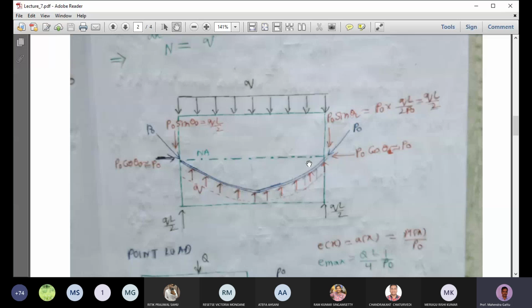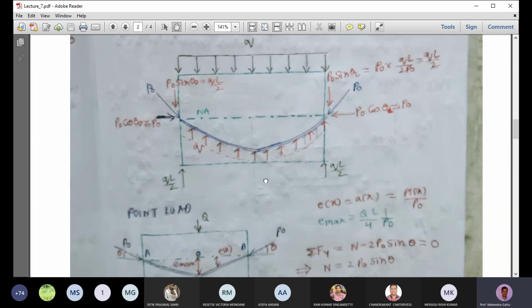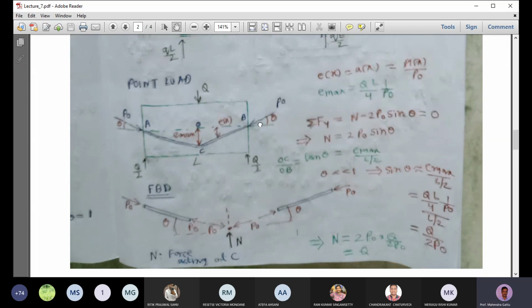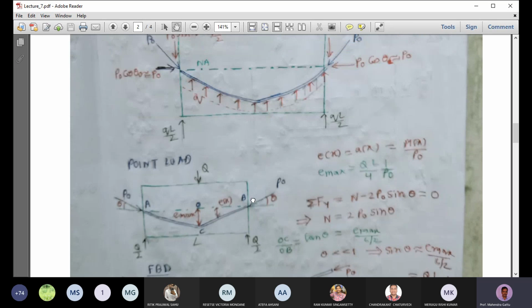Whenever you see a curved cable, there will be some distributed load, and there is another way the cable can be. Sharp edges might come, and then we'll have a point load. So we'll discuss point load now. I will take a small break, and then I will come back and we'll do the point load analysis.